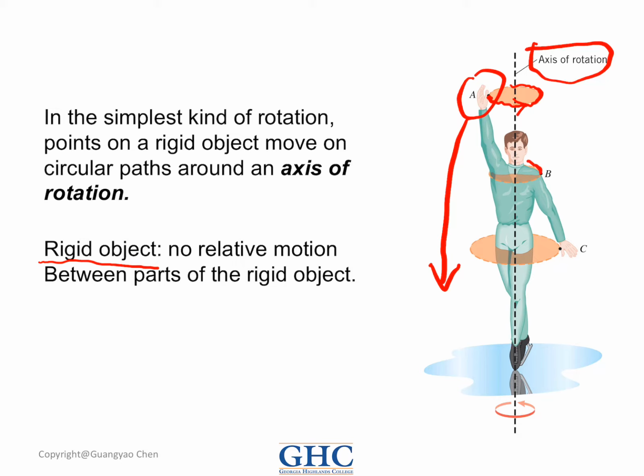So point B is also a perfect circle. The distance between any point on the rigid body and the rotation axis doesn't change. And they all rotate. So if A rotates 90 degrees, B also rotates 90 degrees. That's how it works.